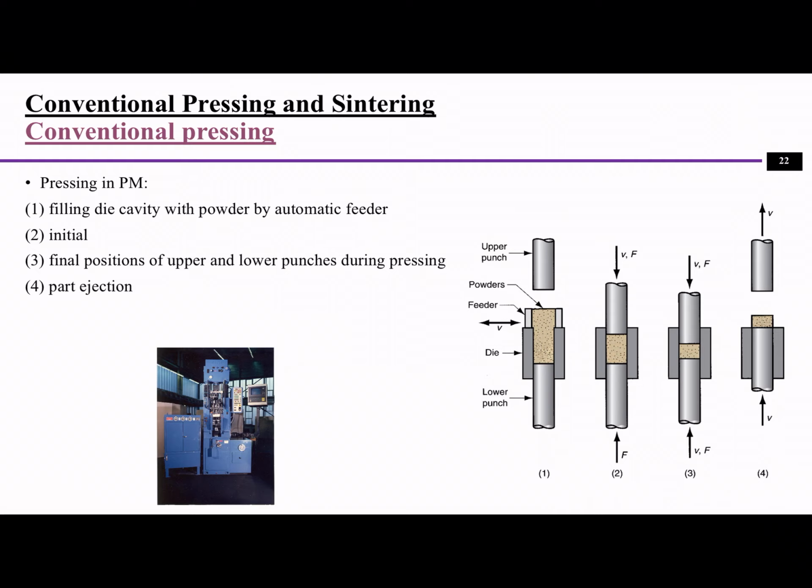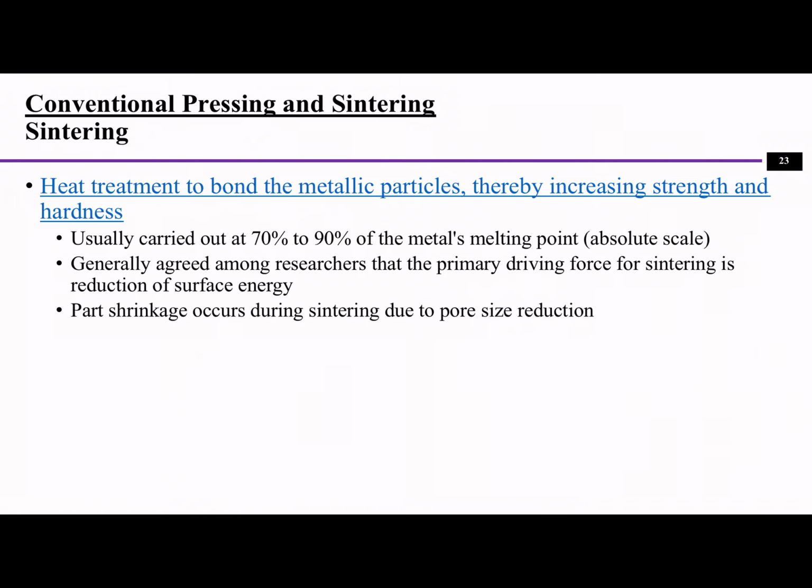After this process, the part you get is compacted powder or particles, but there are a lot of gaps between particles. So the next process will be to sinter them, so that all the particles start to form bonds with each other.